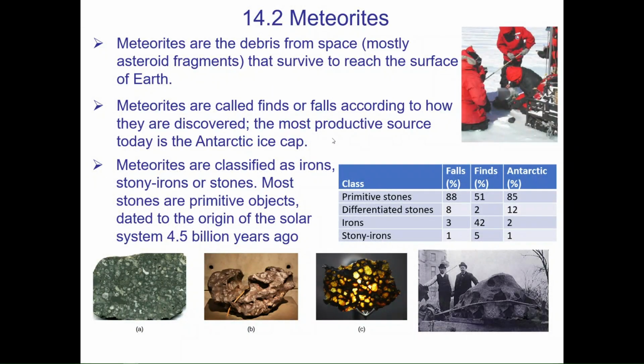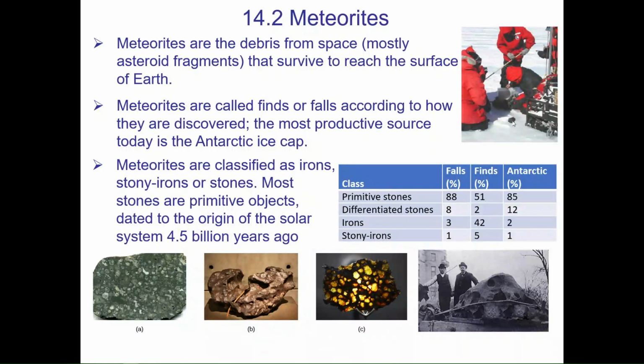And the best location to actually discover meteorites is the Antarctic ice cap. There are a couple of reasons. First of all, the background of the Antarctic ice cap is white, so it's easier to see the black meteorites, either on top or half embedded in the ice.